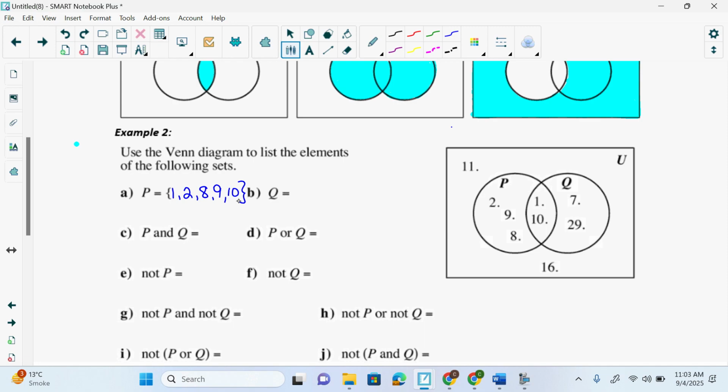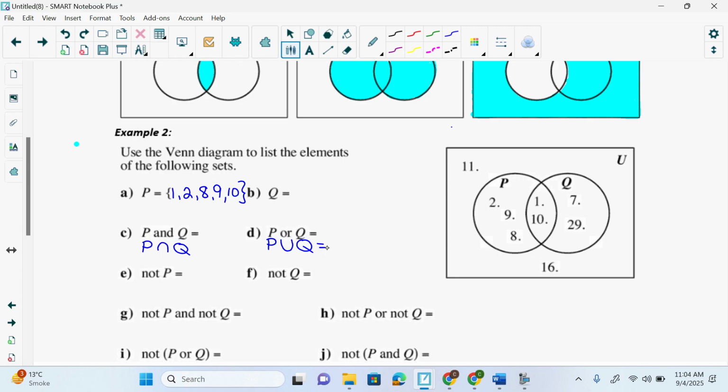Okay, you guys give me the symbols for the rest. So this is Q, that's fine. P and Q, what does that look like? P intersection Q, correct? You can do a symbol for it. What about this one? P union Q. Not P. How could we write that as symbols?